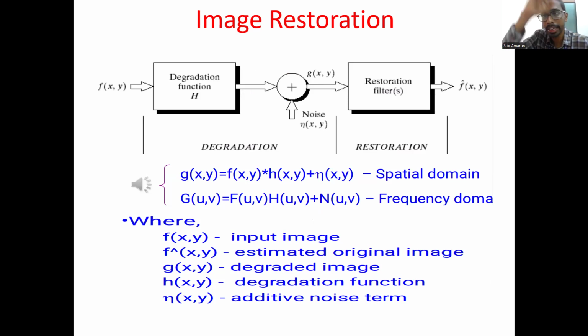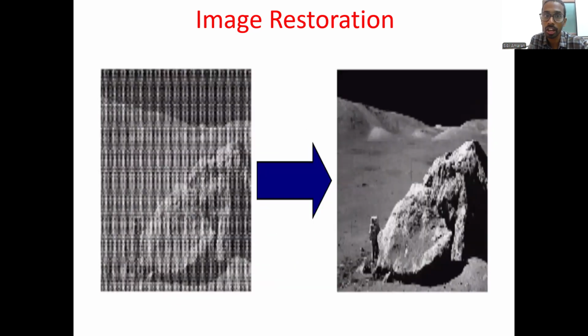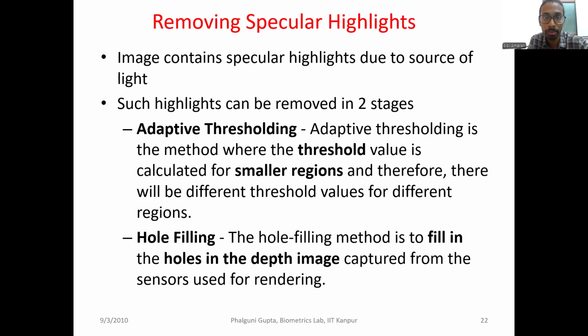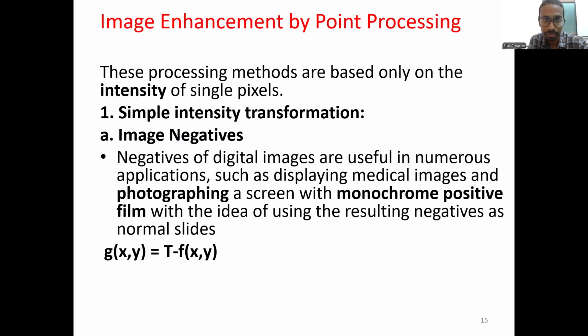If you take the image negative, the formula is g of x comma y equal to t minus f of x comma y. That is the formula that you have to remember initially. This formula is mainly used for converting the original image into the image negative.